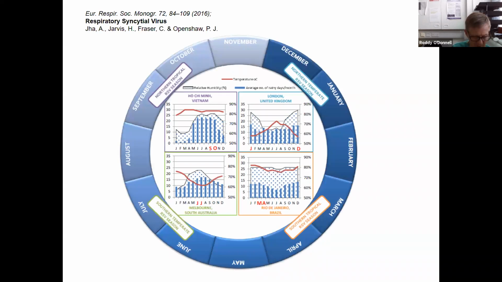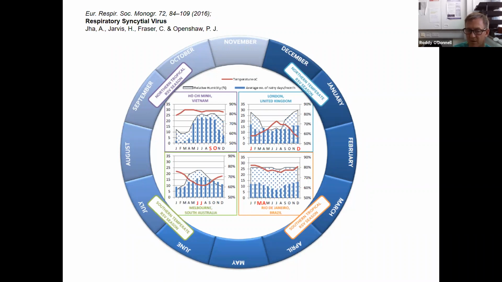If we look at when RSV infections occur, there's quite a lot of seasonal variation depending on the climate of the country that you're in. So in the UK, which is a fairly temperate climate, we have seasons that are fairly distinct. And in countries like ours, we have peaks during the coldest point of the year.